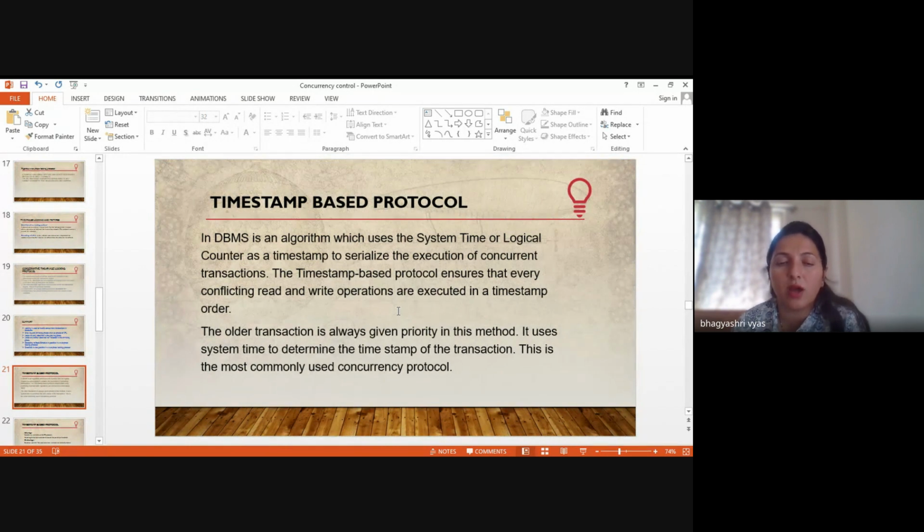The older transaction is always given priority in this method. It uses the system time to determine the timestamp of a transaction. This is commonly used in a concurrency protocol.